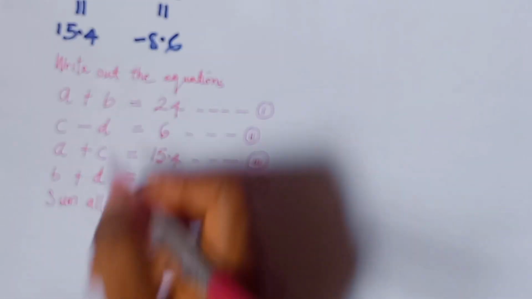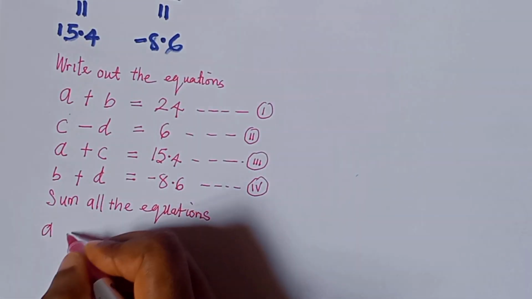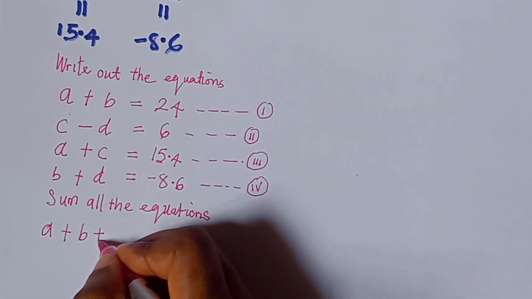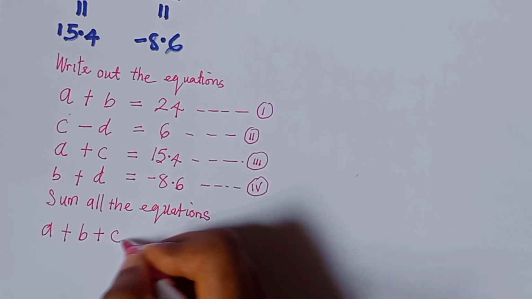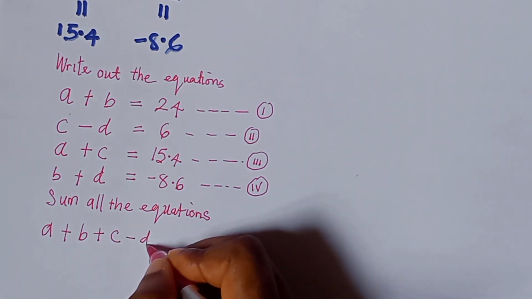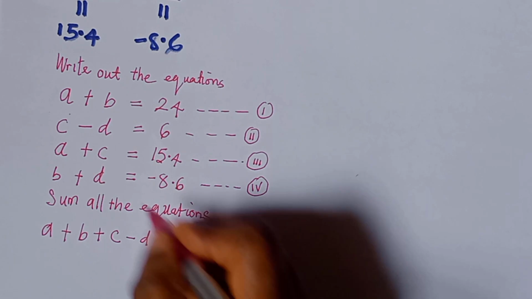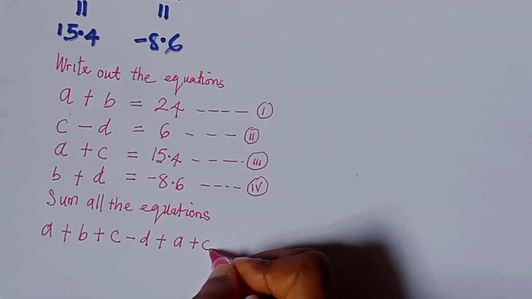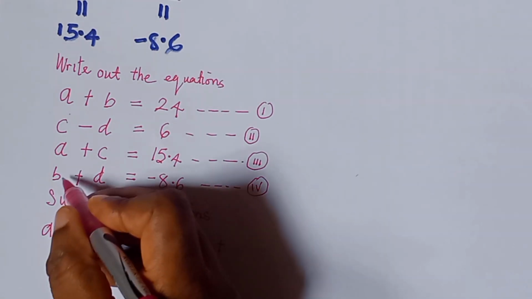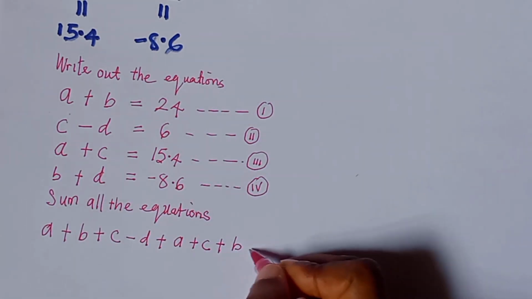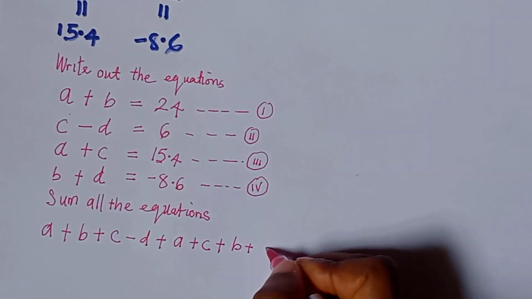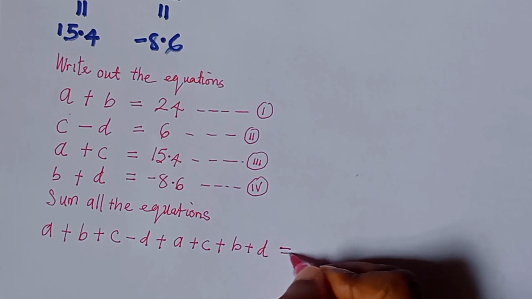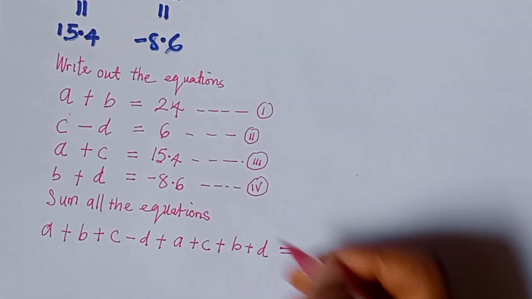So we have these: A plus B plus C minus D plus A plus C plus B plus D equals the sum of all these.